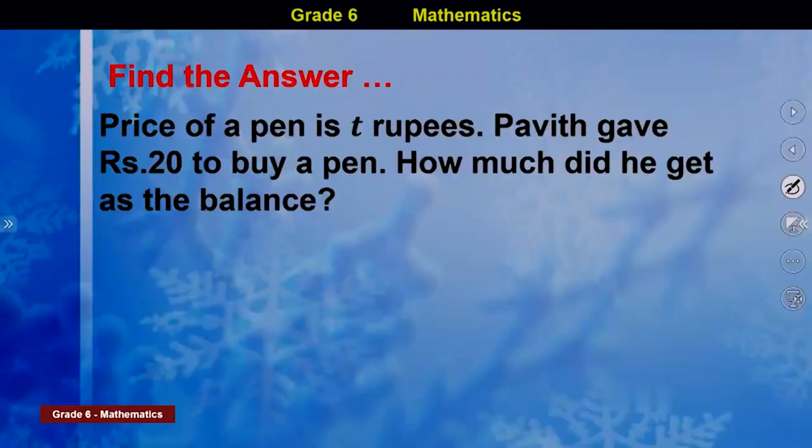The balance should be an algebraic expression. Then what should we do to get the balance? We have to subtract. Pavit gave 20 rupees to buy a pen that costs T. So the balance is 20 minus T.